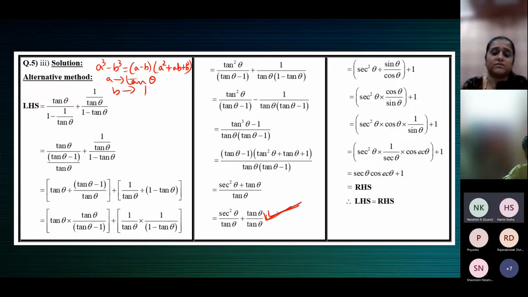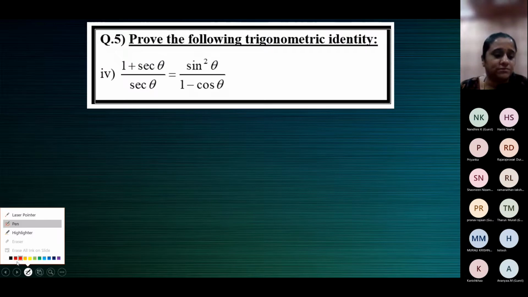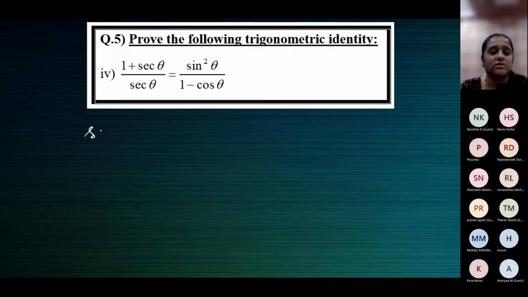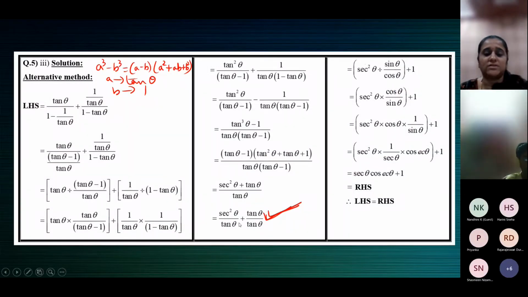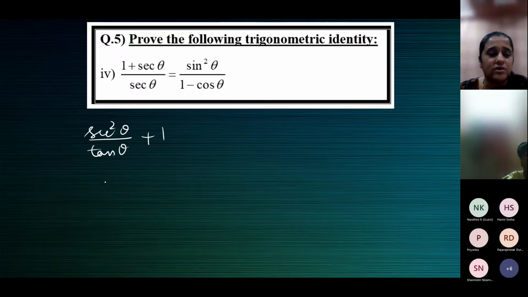So you can also continue like this: secant square theta by tan theta plus 1. See the last step here, secant square theta by tan theta plus 1. To understand better, I wrote secant square theta divided by tan theta, plus 1.